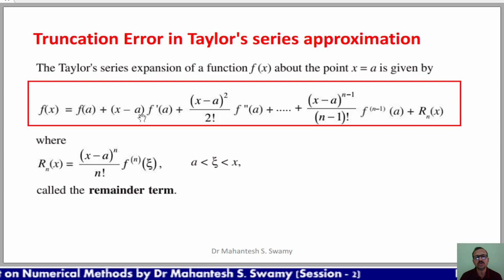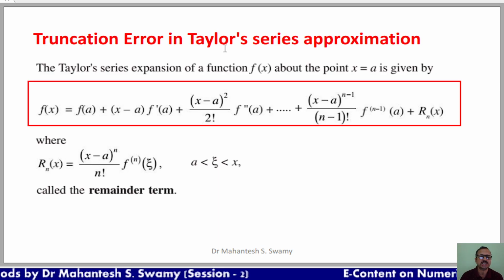While doing so, there is some error involved, and that error is called truncation error. So what is the truncation error when we truncate the Taylor series expansion up to a certain first few number of terms? That we shall discuss now.